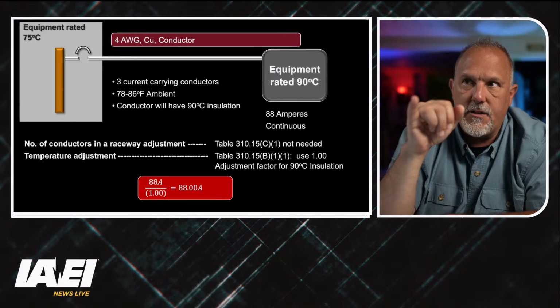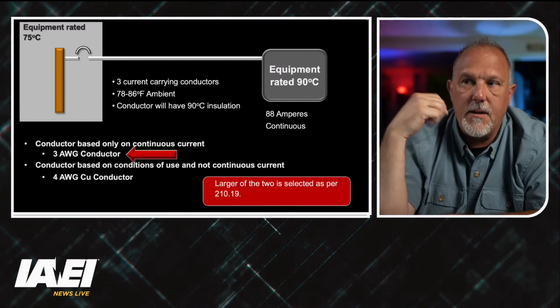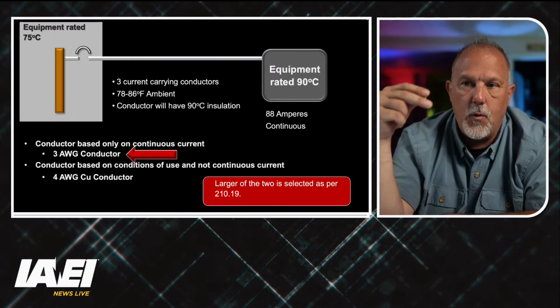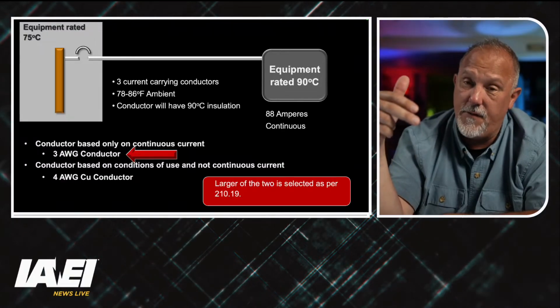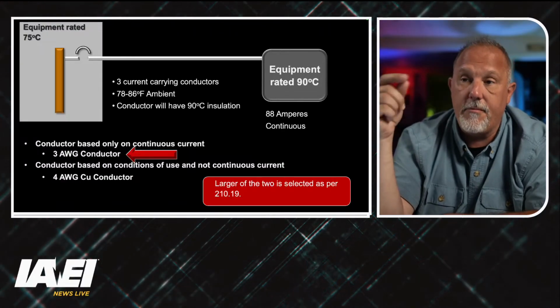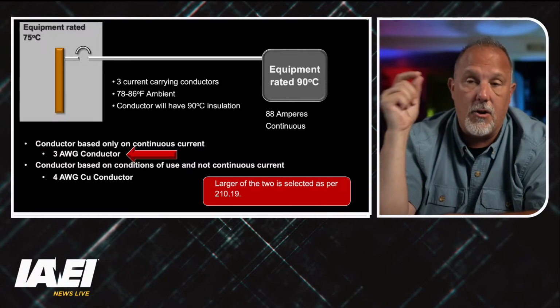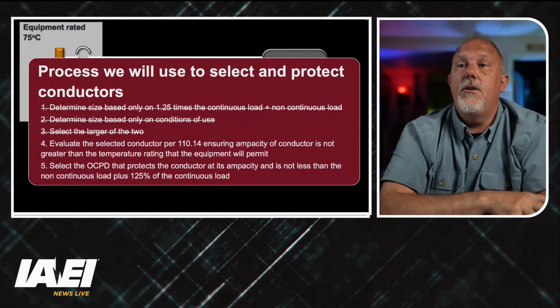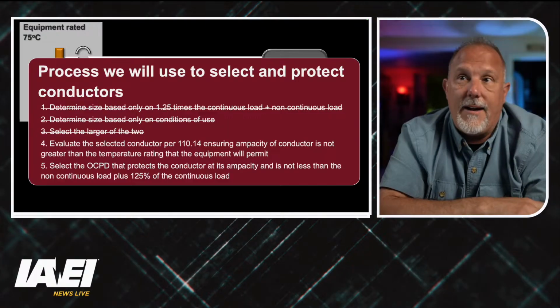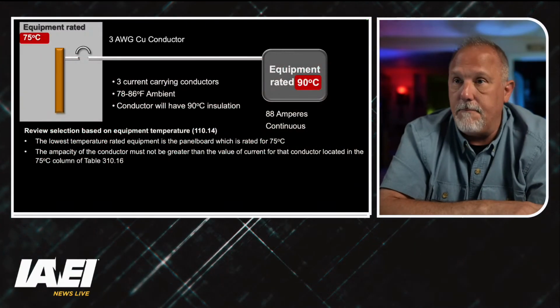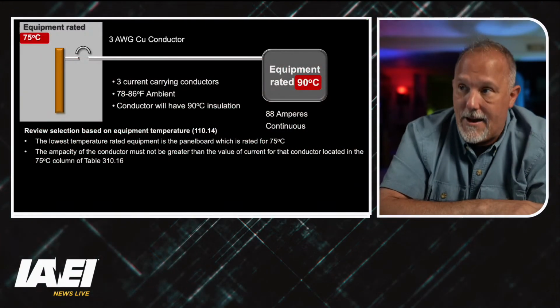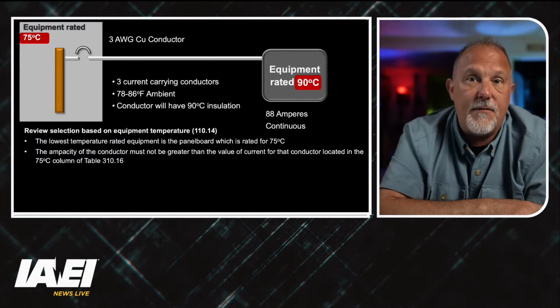I haven't picked my overcurrent device yet, and I have to do the comparison of the two, a 4 or a 3. 3 is larger than a 4, so I'm going to go with a 3 gauge conductor as the larger of the two. So I've done 1, 2, and 3. I'm at a number 3. Now I've got to think about 110.14.